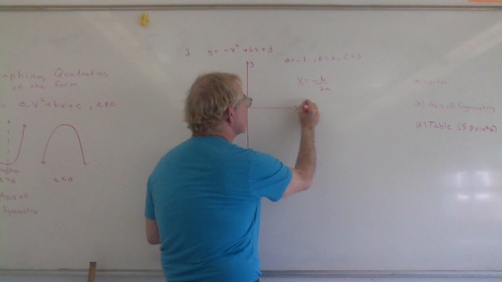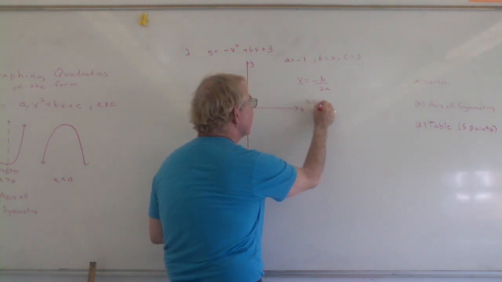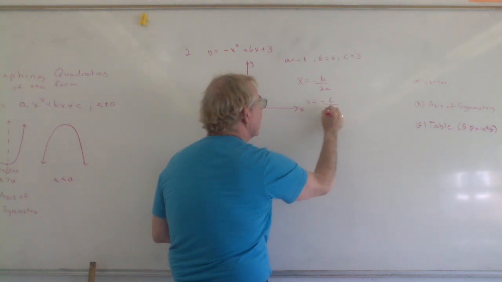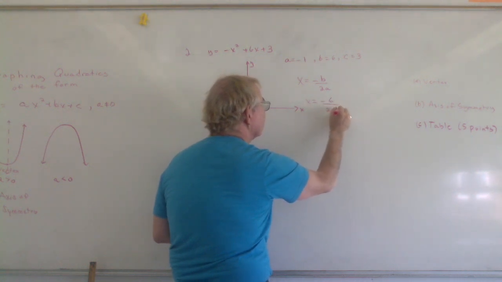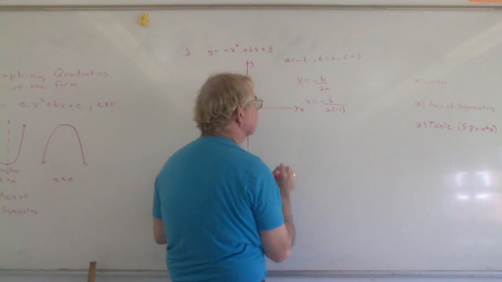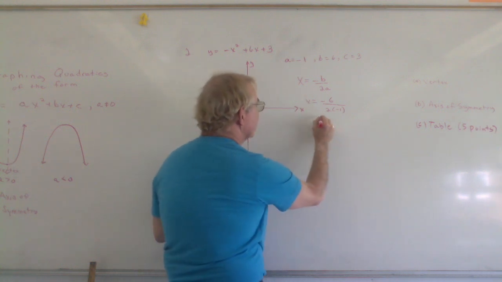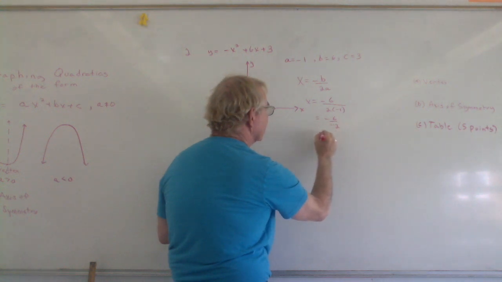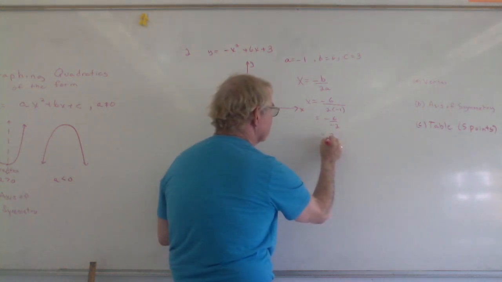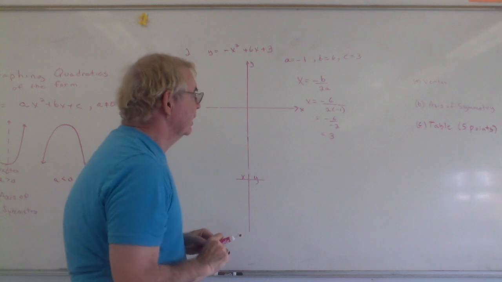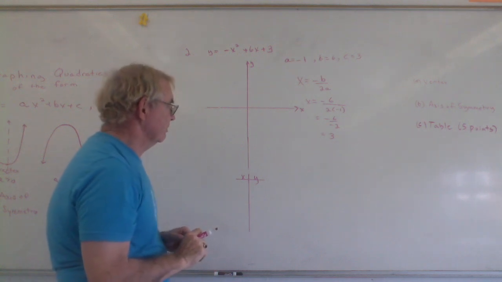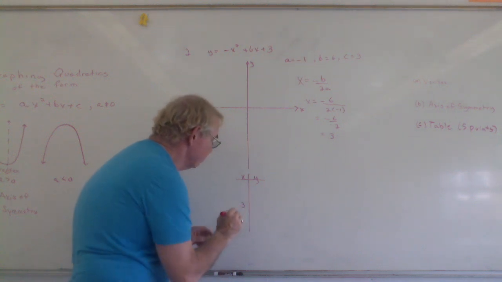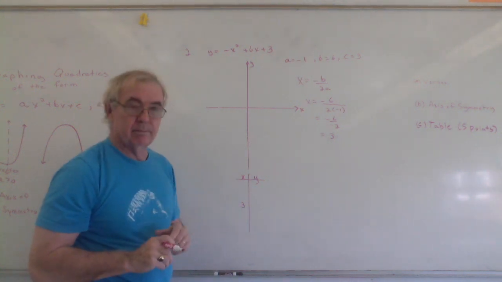So in this case, the vertex will be -6 over 2 times -1, which is -6 over -2, which is 3. Okay, so that's your vertex. So we're going to put 3 right in that middle, and now we're going to find the y value.